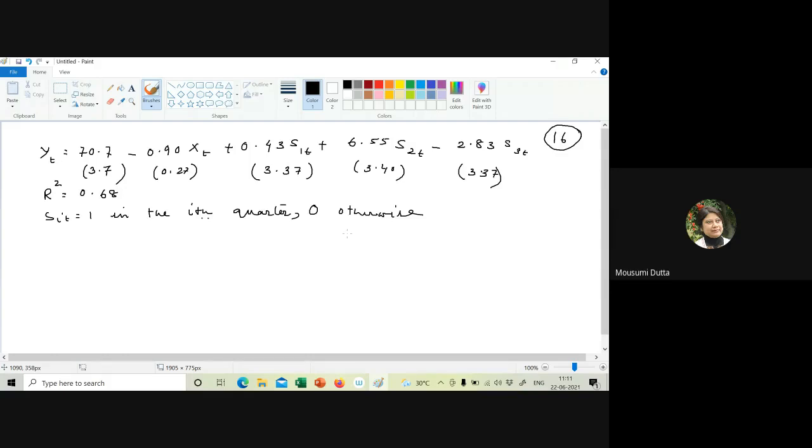So please write down, since the data is quarterly data, this implies we have 4 seasons.